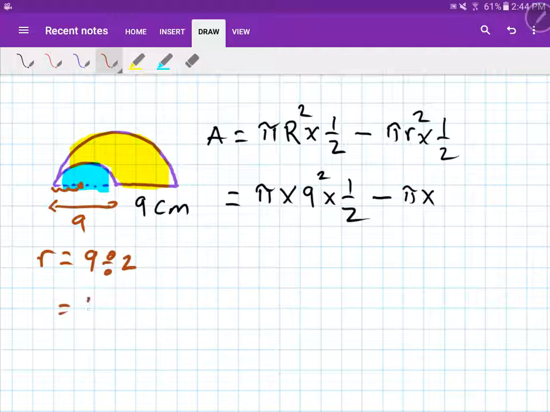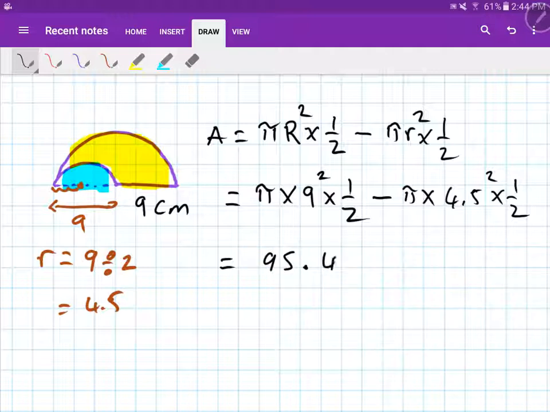So 4.5. Agree? Then 4.5 squared times a half. If you type this in your calculator, you should get 95.4258 and so on. Rounded to one decimal place, your answer should be 95.4 because 2 is less than 5. Don't forget the unit, centimeters squared.